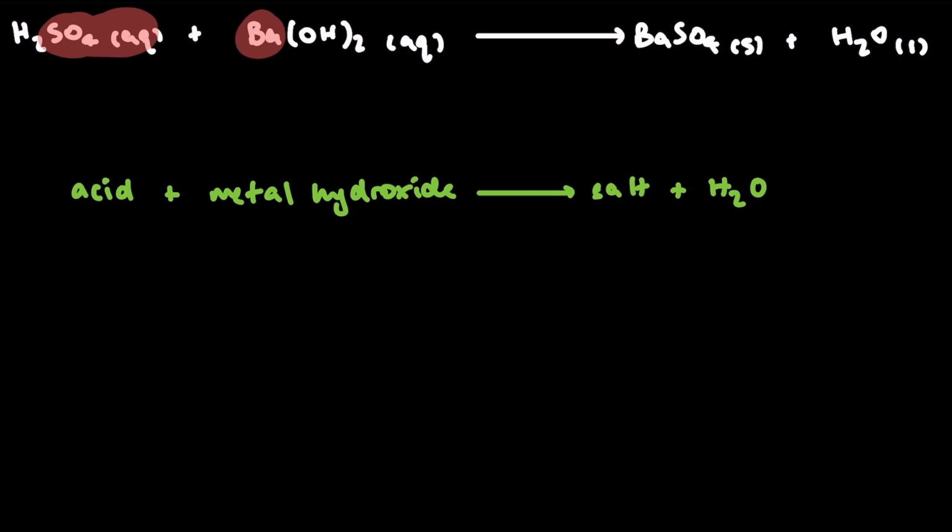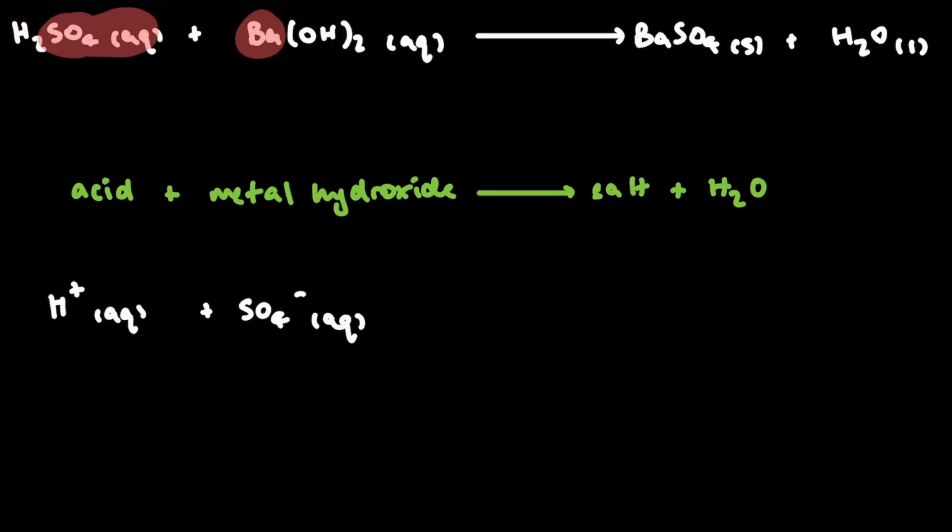now we have to look at our aqueous species and once again split them up into their individual ions. So I'm going to take the sulfuric acid first. We can split up sulfuric acid into H+ ions as well as sulfate ions. And we need to remember that although yes, we have hydrogen and sulfate ions, we also have two hydrogen ions.